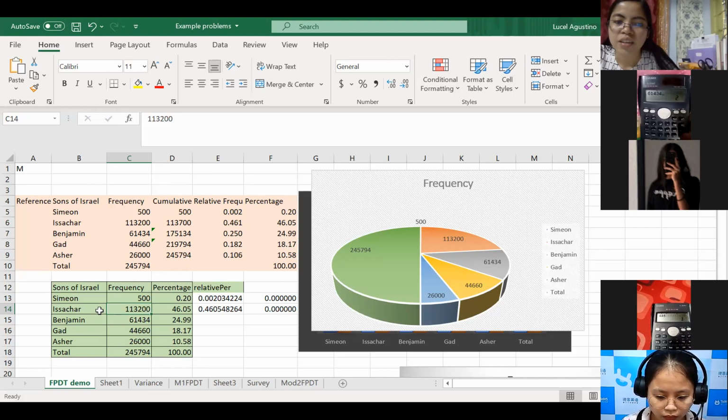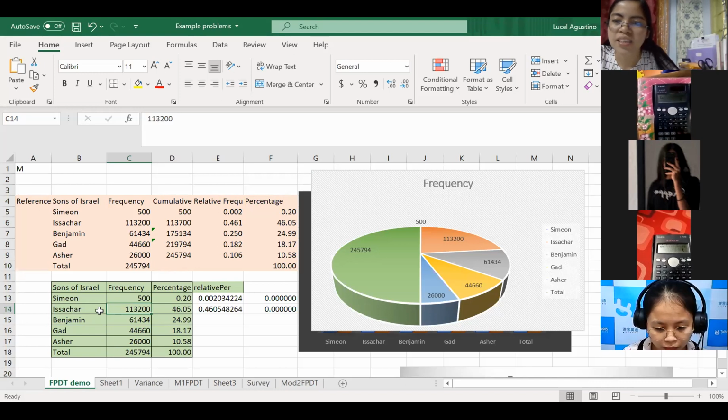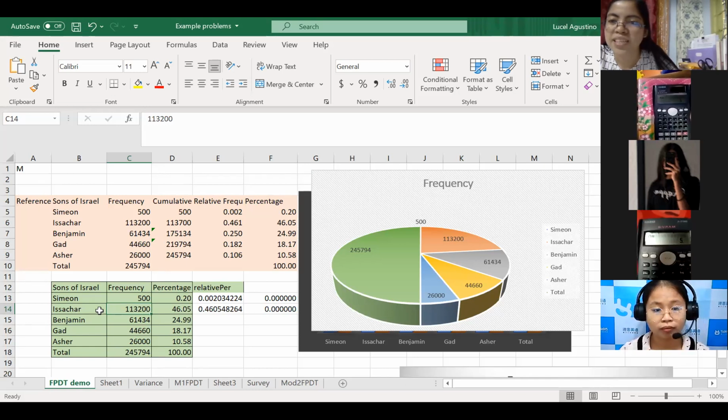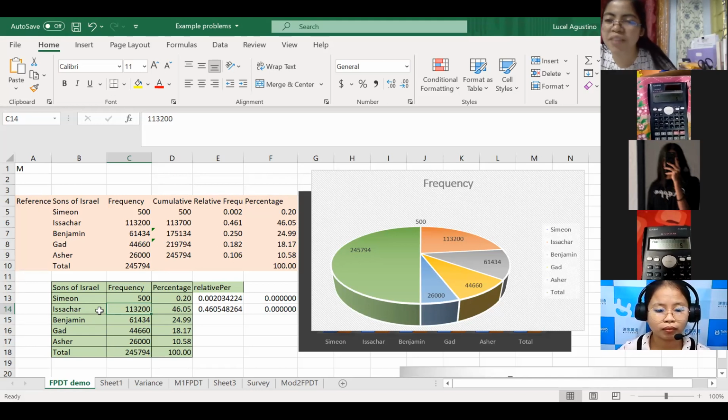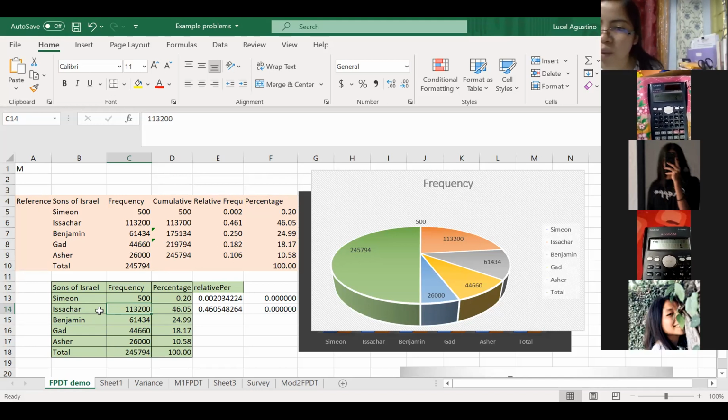And then 44, 660, M plus, and then 26, tatlo ka 0, M plus. Okay, so pila ang value is number 5 ka bilog.